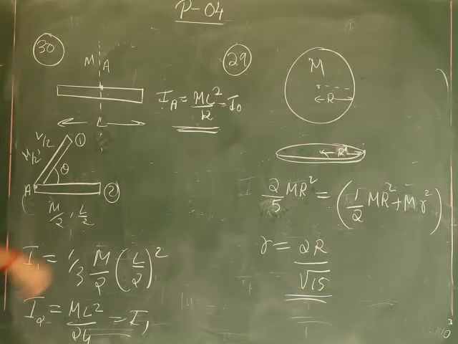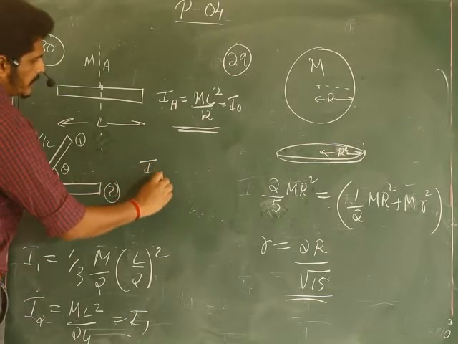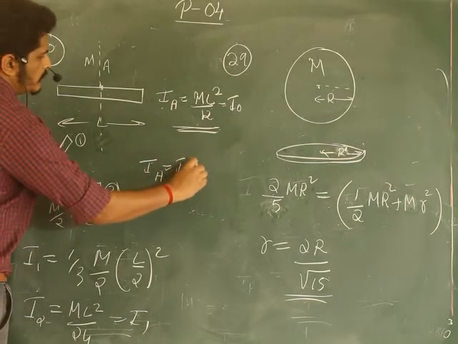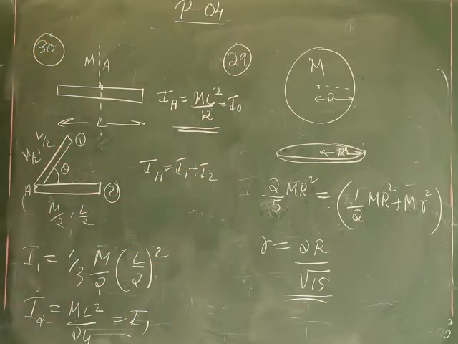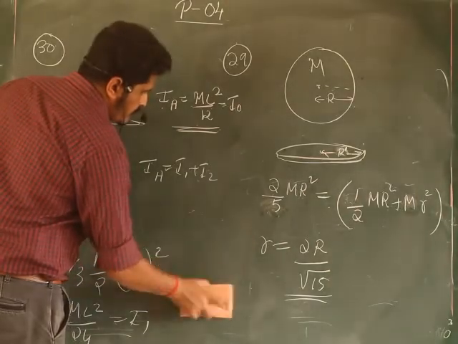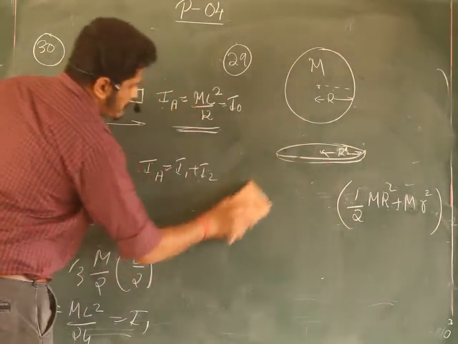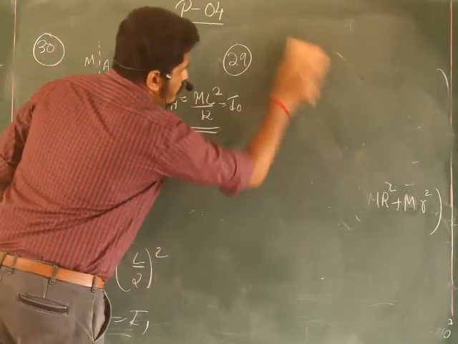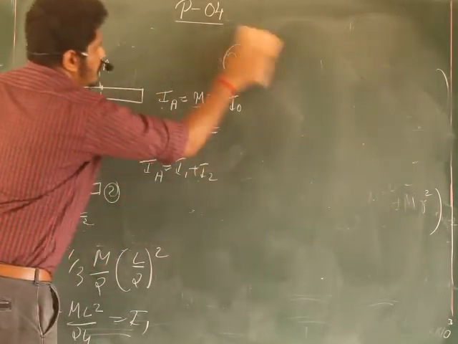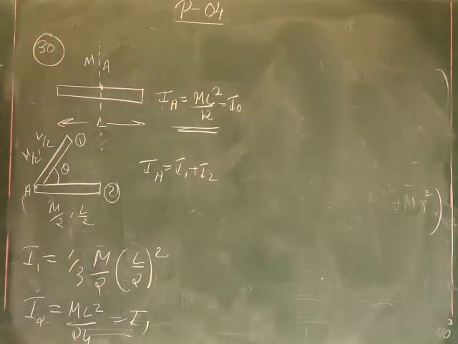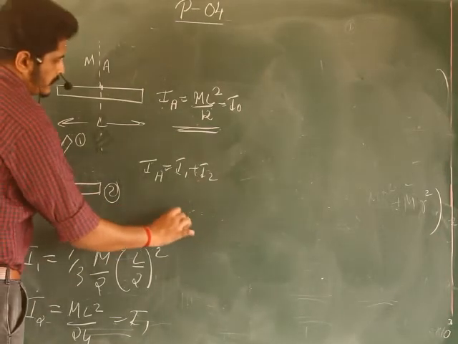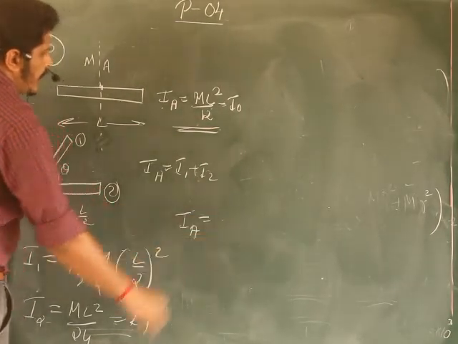So therefore the total, that means the entire moment of inertia IA is equal to I1 plus I2. Okay. So the total moment of inertia due to the rod because of the bending, IA is equal to I1 plus I2.